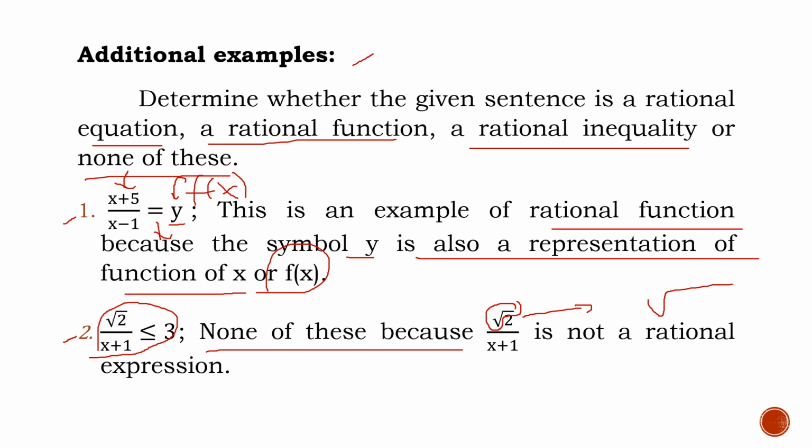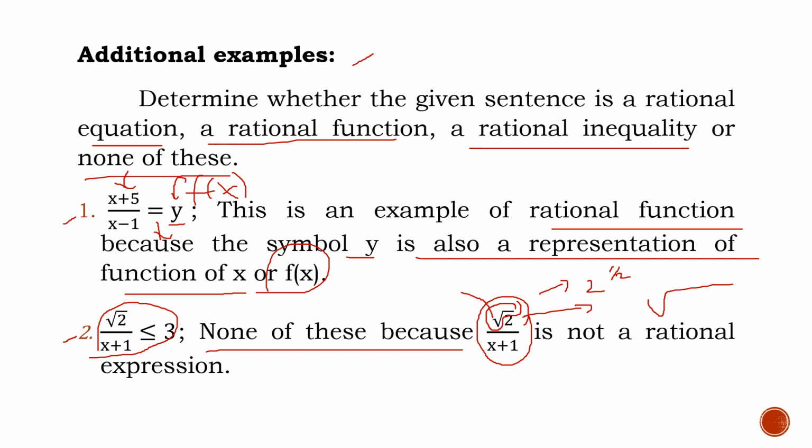Why? Because this can be expressed as 2 raised to 1/2. We define a polynomial wherein the exponent is 0, 1, 2, 3, 4, and so on, but not 1/2. So if there is a radical sign in your term, for your numerator or even in your denominator, we cannot consider it a polynomial function.